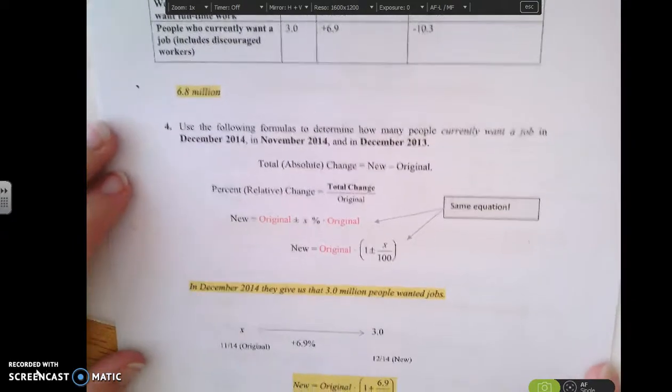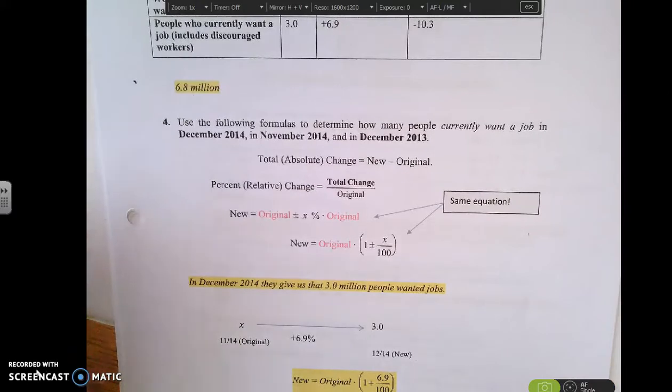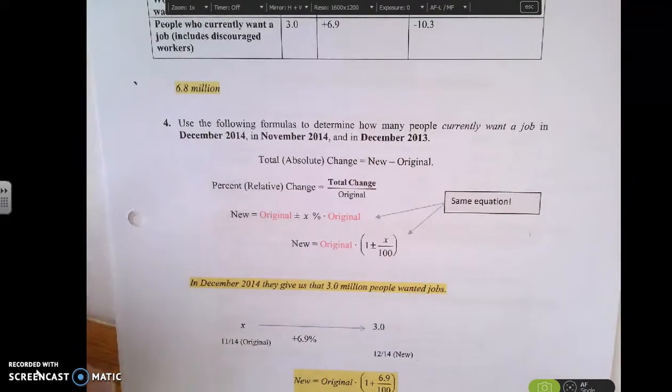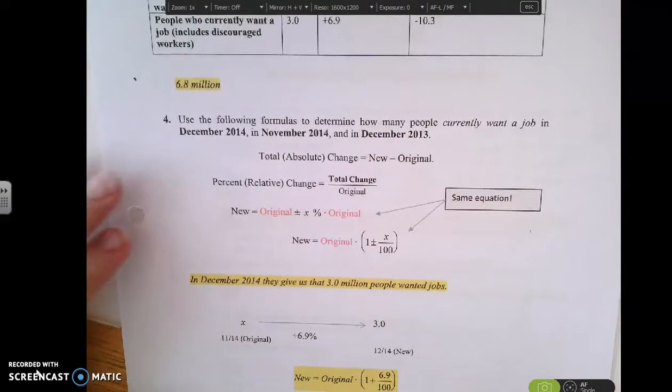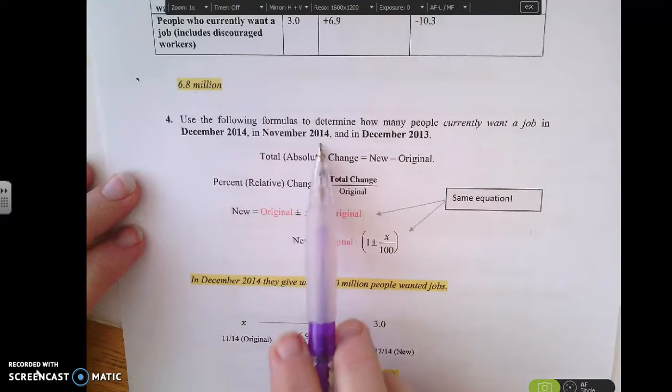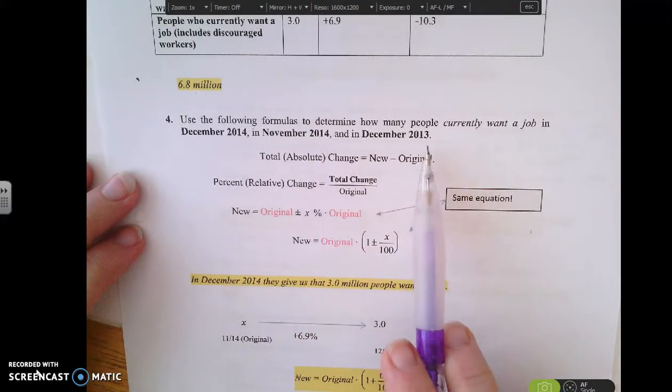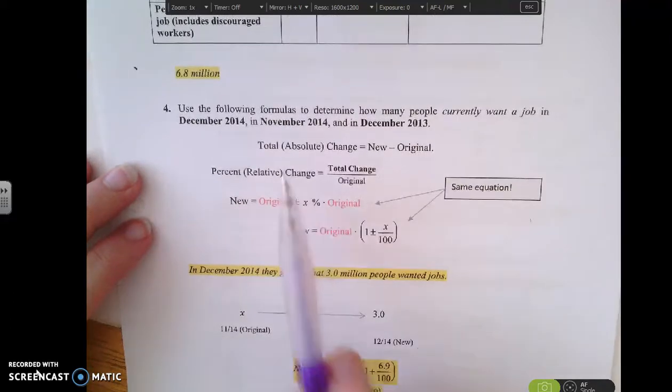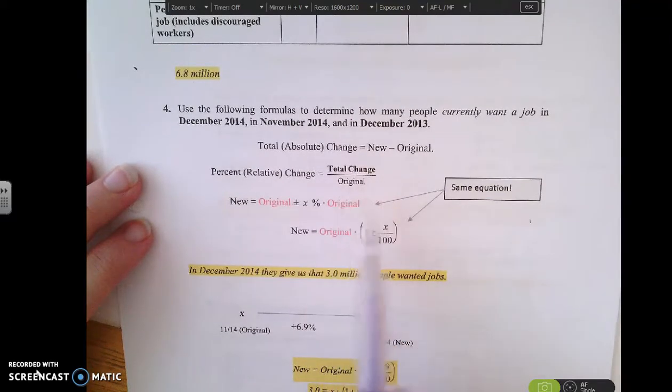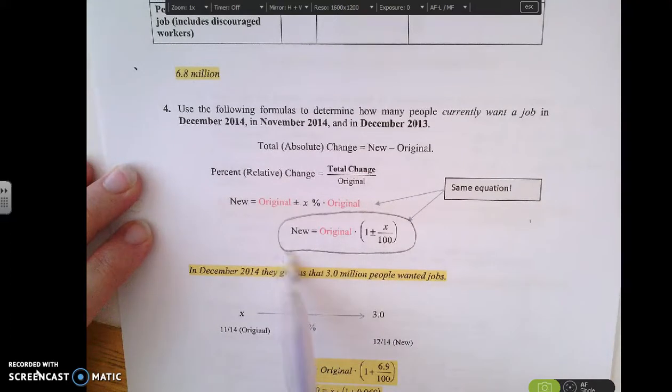All right, this next one might be a formula that you want to keep in your mind. You're going to use this formula to determine how many people currently want a job in December 2014, November 2014, and December 2013. There's quite a bit of information here, but the biggest formula that I think is going to help us the most is this last one.